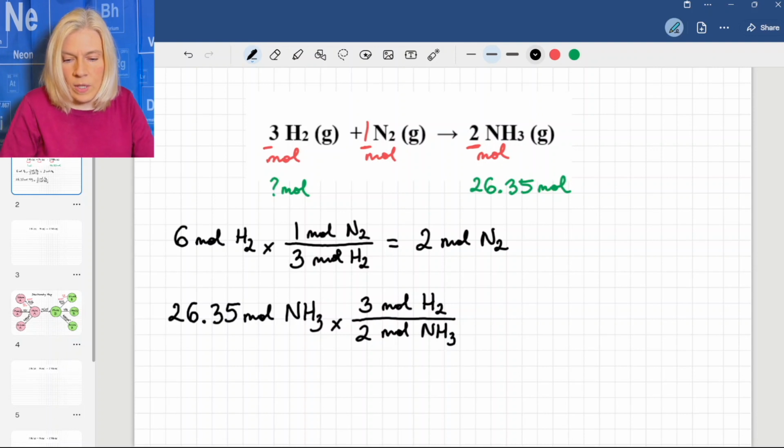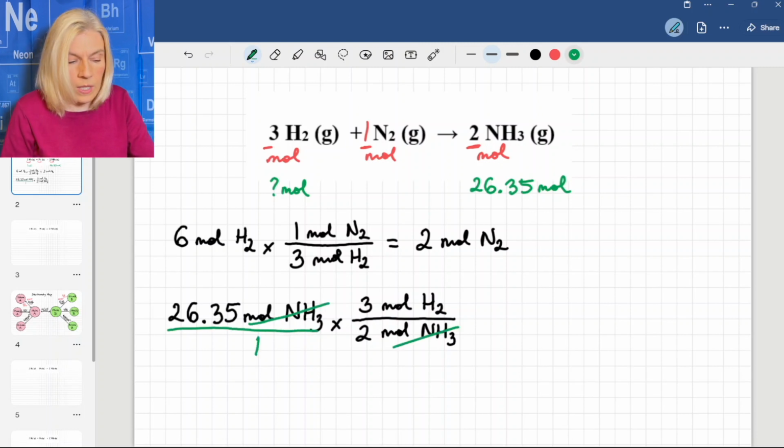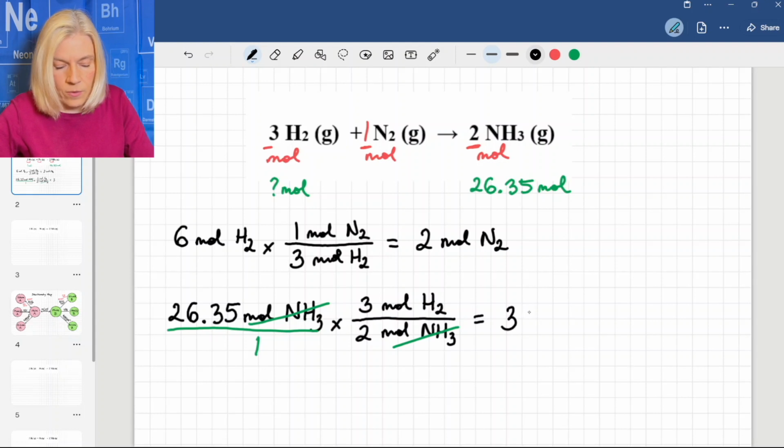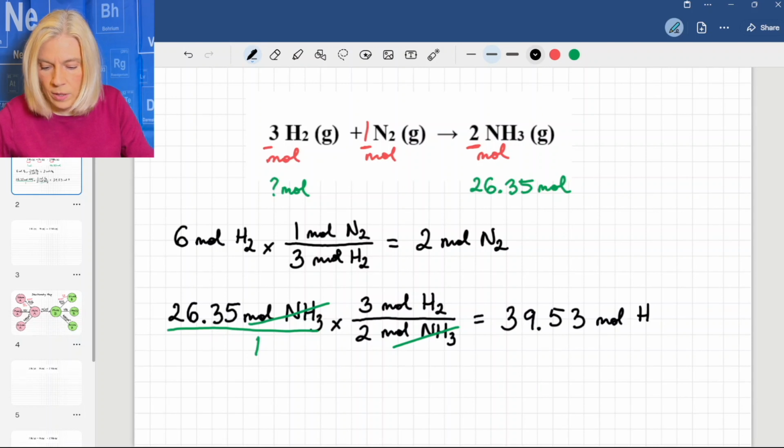Now, look what I'm doing. I'm making sure my moles of ammonia, remember, this is like over 1, is going to nicely cancel out, yes? So when I put this number in my calculator, I get that 39.53 moles of hydrogen were used to make 26.35 moles.